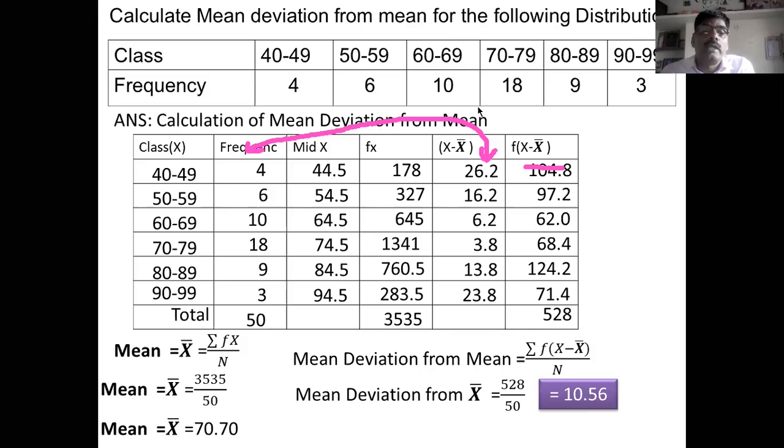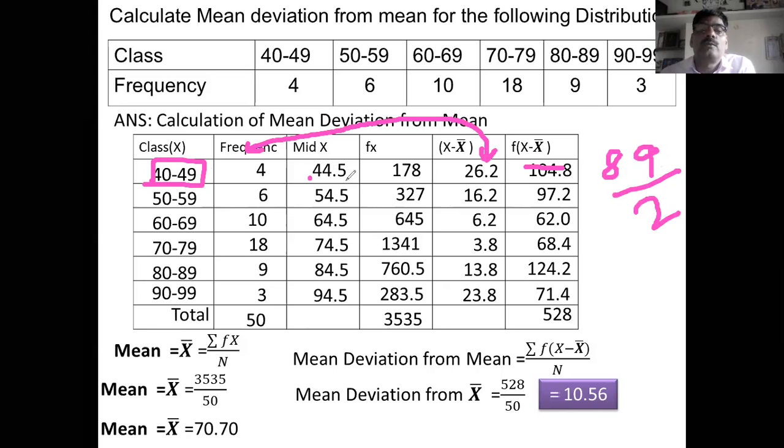How to calculate the mid x? You see here, mid x means upper limit plus lower limit. Here it is 40 plus 49. You take the total of these two. 40 plus 49, total is 89. 89 divided by 2 is equal to 44.5.